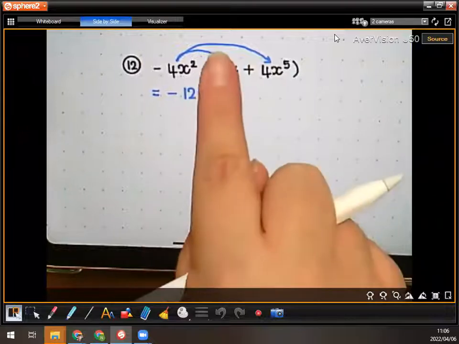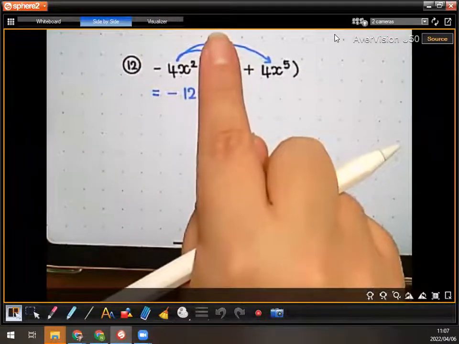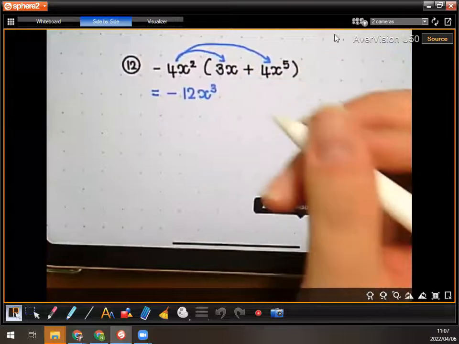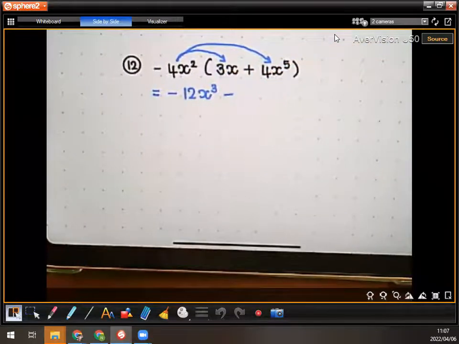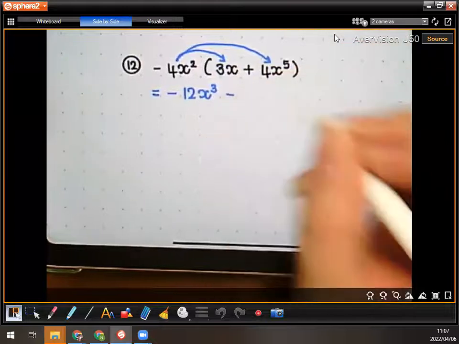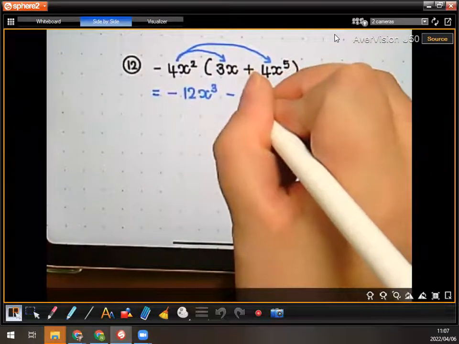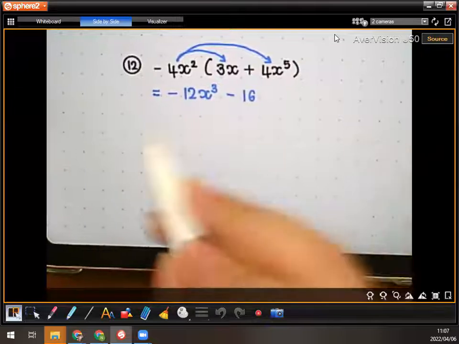Now I need to do the second one. So now I'm just going to cover up that first one there. Negative times a positive. That is again a negative. Then we're going to look at the numbers, right? 4 times 4 is 16. Now let's look at the x's, right?